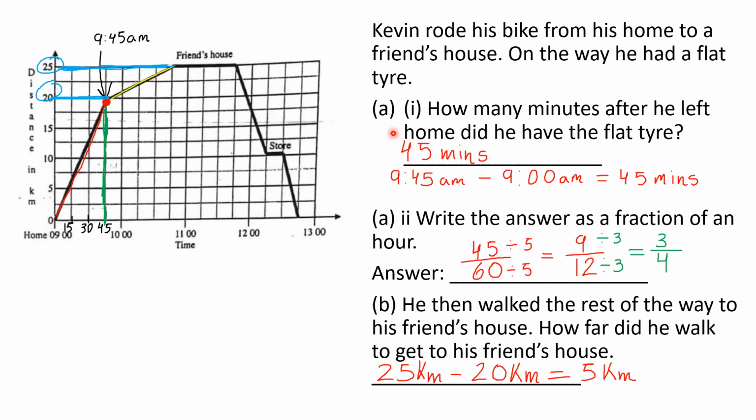Yes, sir. Explain how we got 5 kilometers. All right. When did he stop? At 20, right? And then he kept on moving until 25. We subtract the 20 from the 25, which gives us 5 kilometers. Very good. So we got 5 kilometers because we subtract 25 and 20.